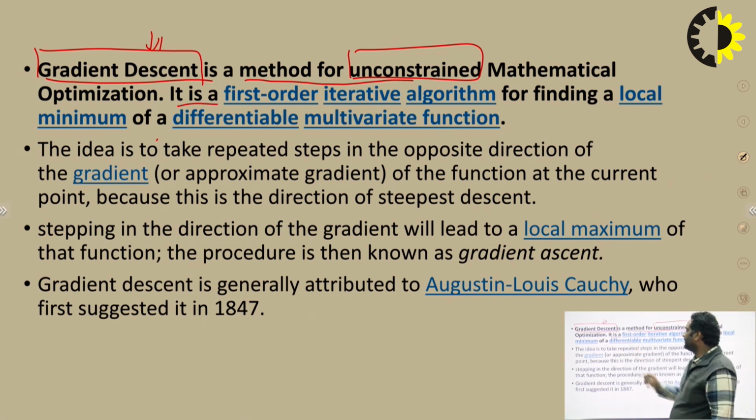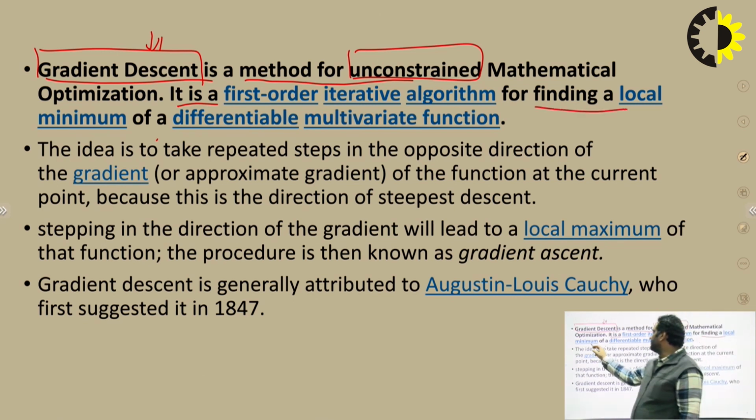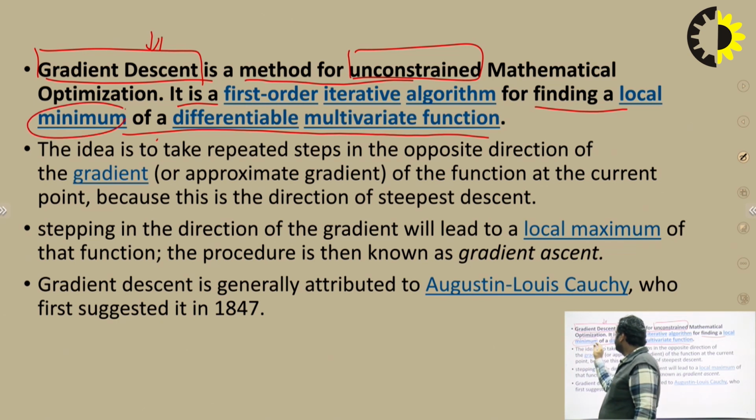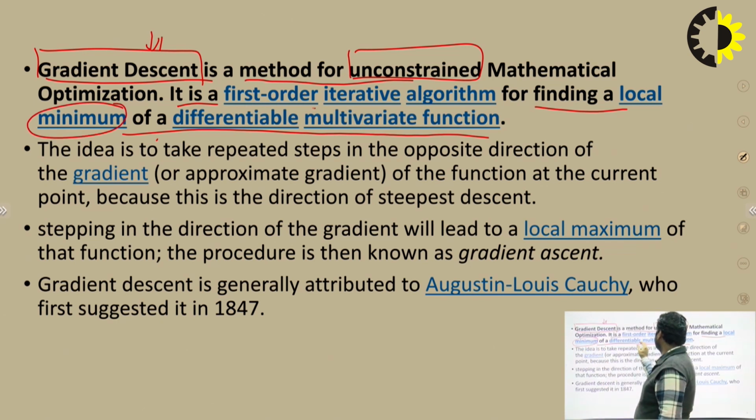Let's elaborate it. It is a first order iterative algorithm, means we have a number of iterations there, for finding a local minimum of a differentiable multivariate function. Here two things are there. First is minimum and second is differentiable multivariate.